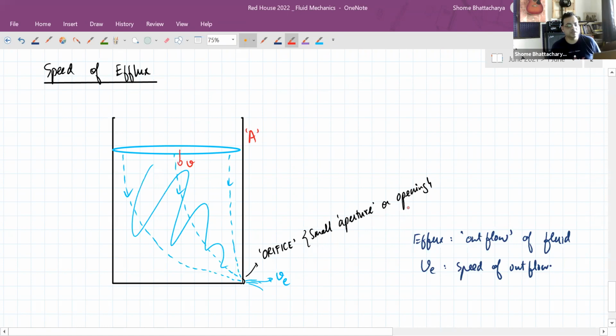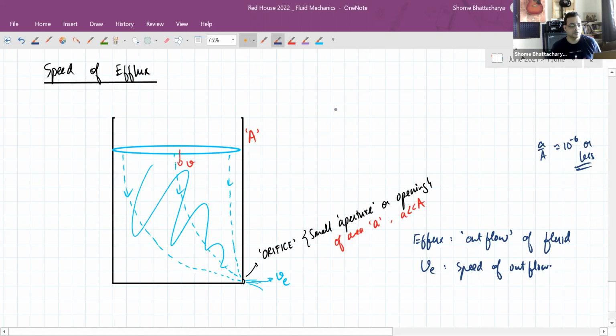So basically small a should be extremely small compared to capital A. A typical example would be capital A is of the order of magnitude of meter square and small a is of the order of millimeter square or something. So that's a typical example of the orifice, that a by A is of order 10 raised to minus 6 or less. Then it qualifies as an orifice.